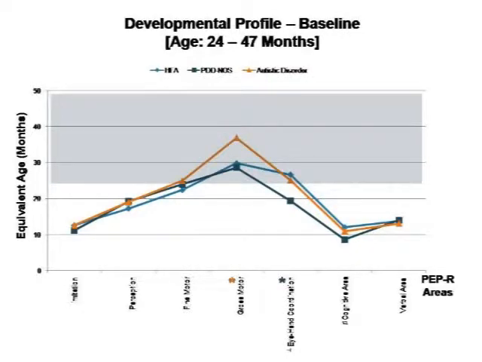As you can see, in gray is the normal range. All 3 groups are below the normal range. There is a significant difference just in gross motor for autistic disorder, and all the other areas are below the normal range.